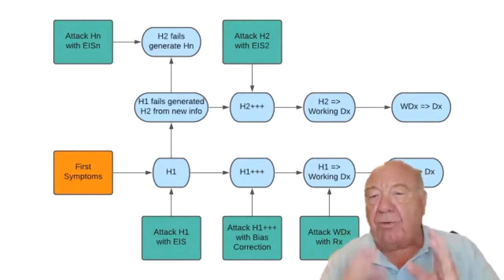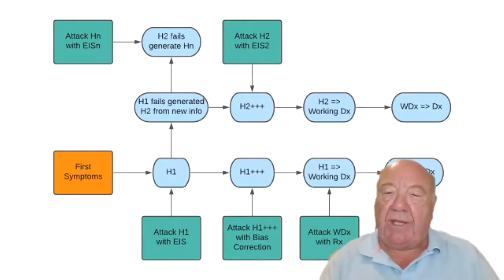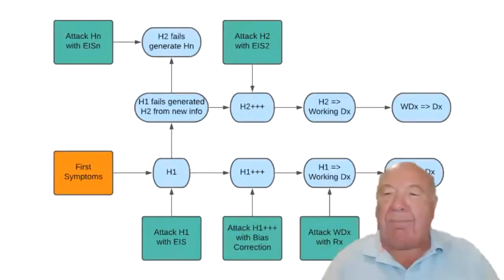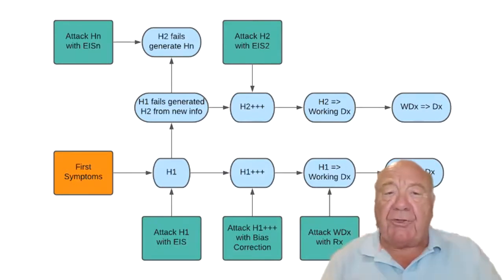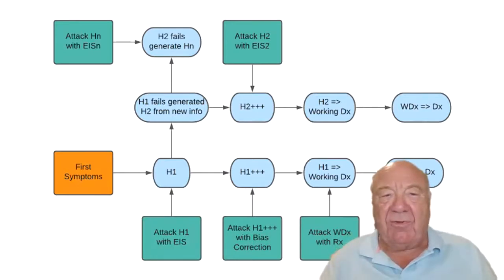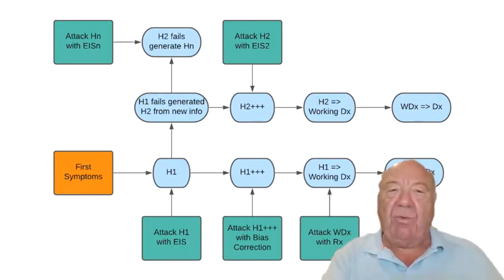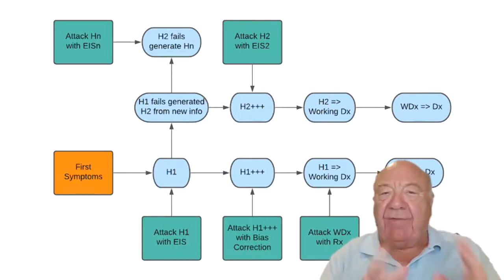And again, if this works all the way through, you attack it then with the bias correction, and then you end up with the working diagnosis, which becomes a diagnosis when the treatment works on it. If H2 fails, you do it again, and you do this HN times, and you attack HN with EISN. And if that works, there you go.